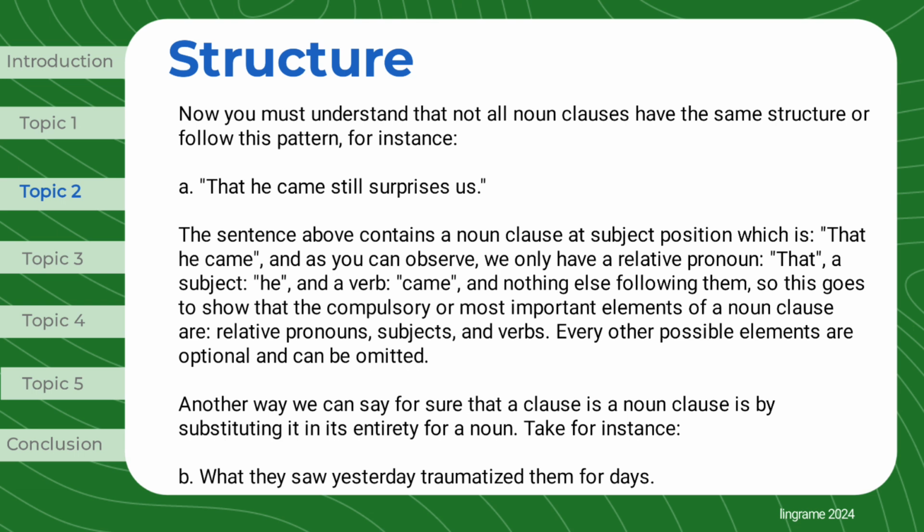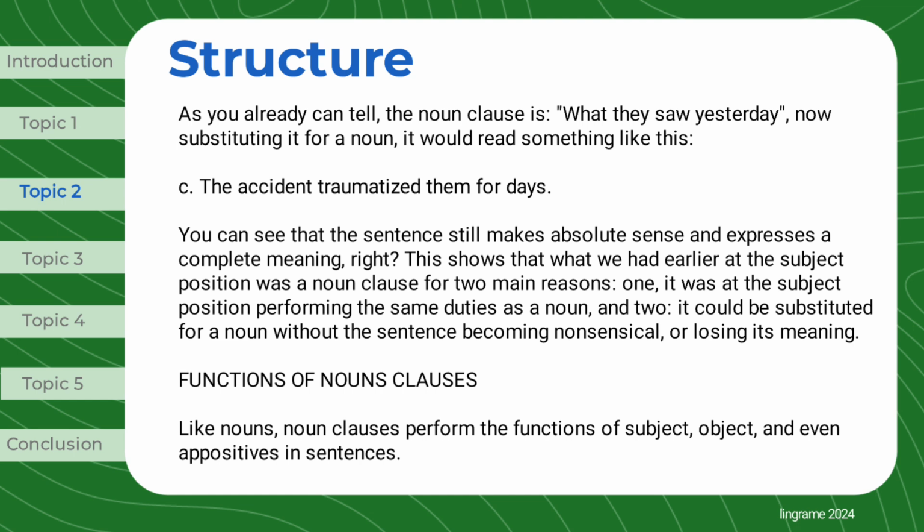Another way we can say for sure that a clause is a noun clause is by substituting it in its entirety for a noun. Take for instance, what they saw yesterday traumatized them for days. As you already can tell, the noun clause is, what they saw yesterday. Now substituting it for a noun, it would read something like this, the accident traumatized them for days.